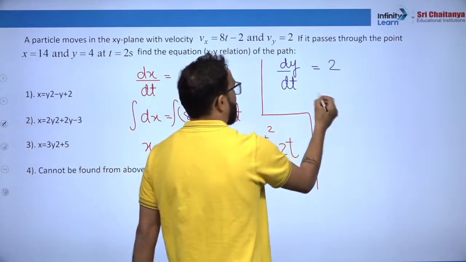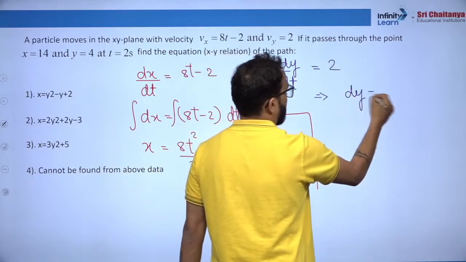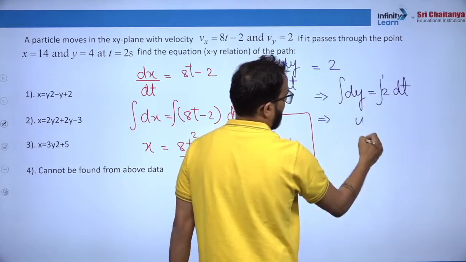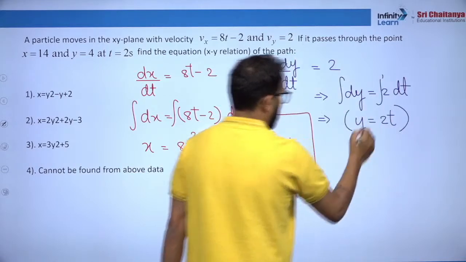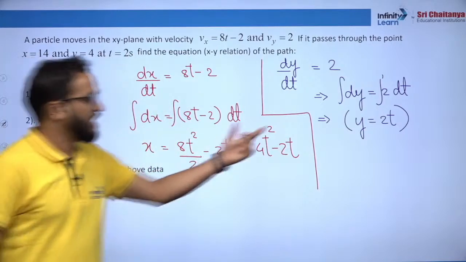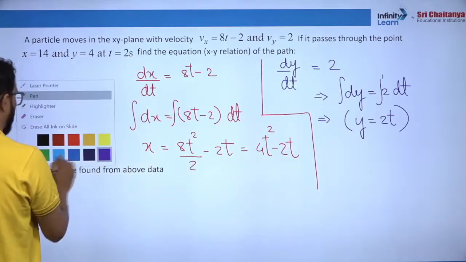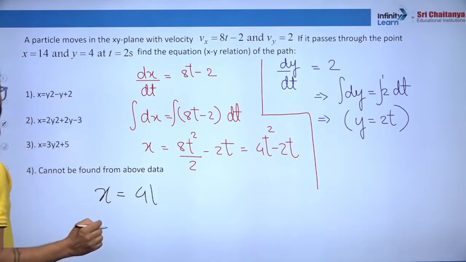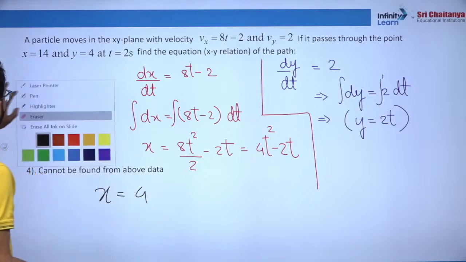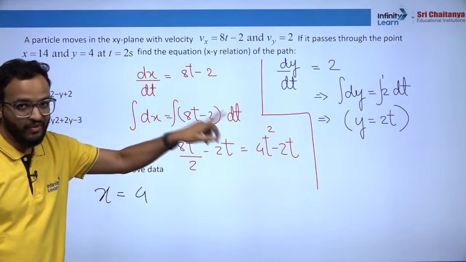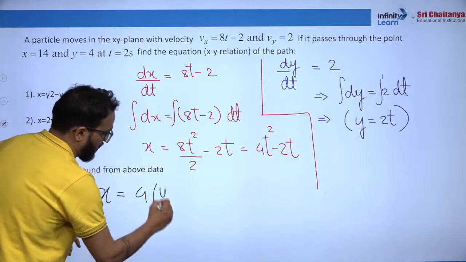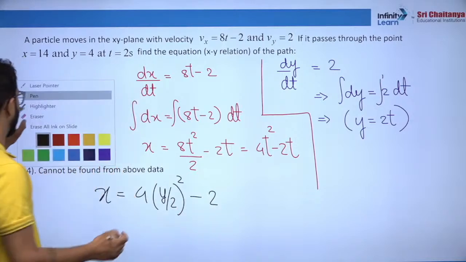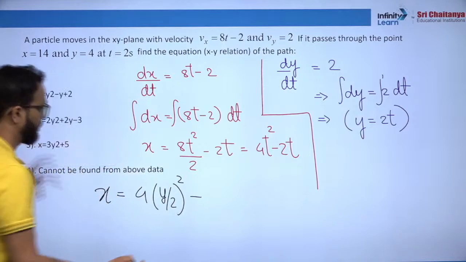So dy is equal to 2 dt, then you integrate and say y is equal to 2t. Now put the value of t from y into x, and you will get x from here. x will be 4t square, so instead of writing t square, what will you write? 4 into (y by 2) whole square minus 2t. 2t is what? y only, so minus y.